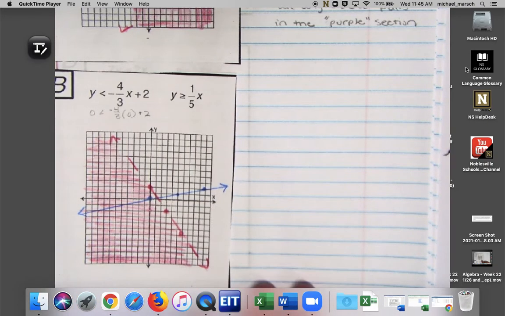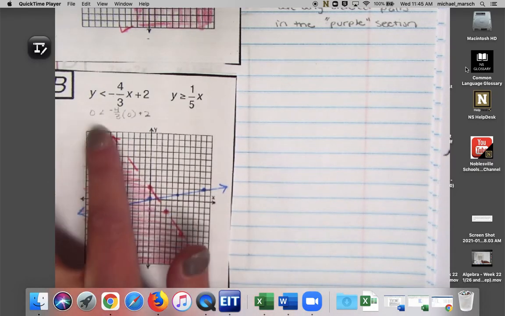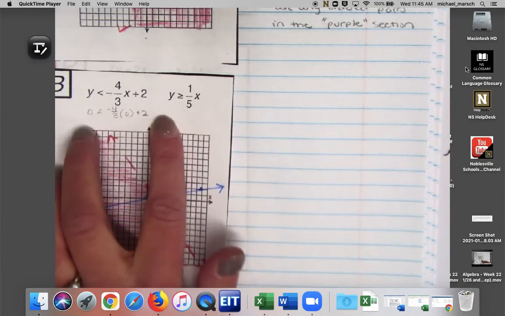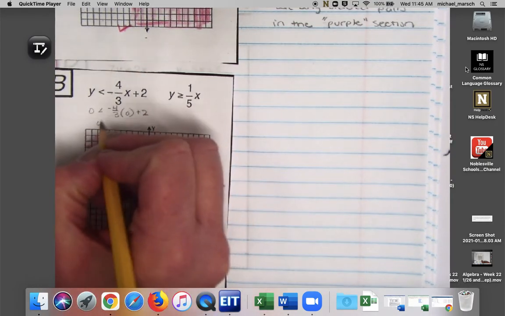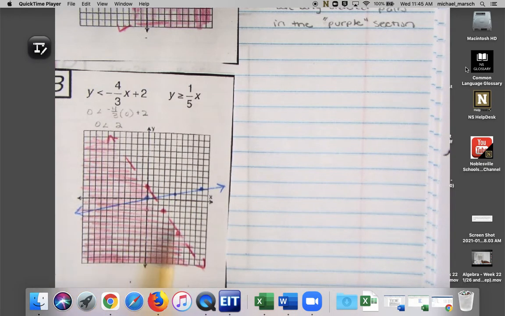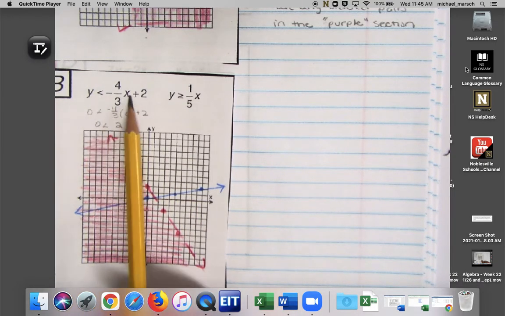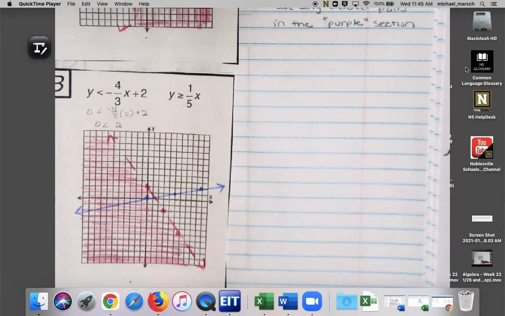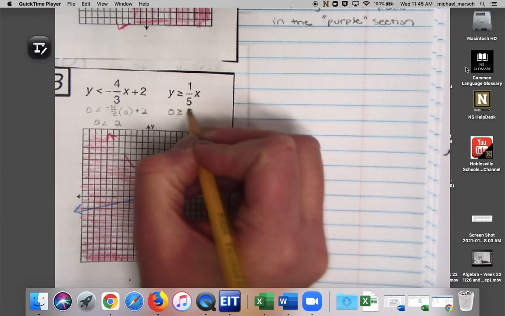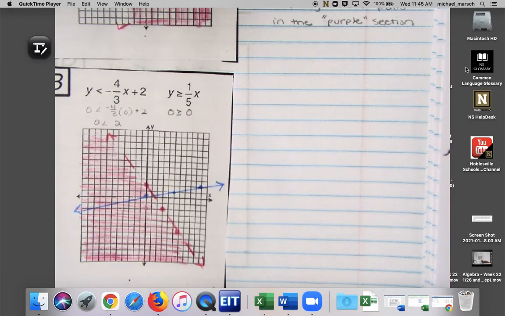Because remember, these systems are trying to tell us what ordered pairs will or won't work. So if I put 0 in here, once I solve this further, I get 0 is less than 2, which is true. So I know if I put 0, 0 in for this, it's going to work, so I can shade towards it. And then for the next one, if I put 0 in, I get 0 greater than or equal to 0, which is also true.